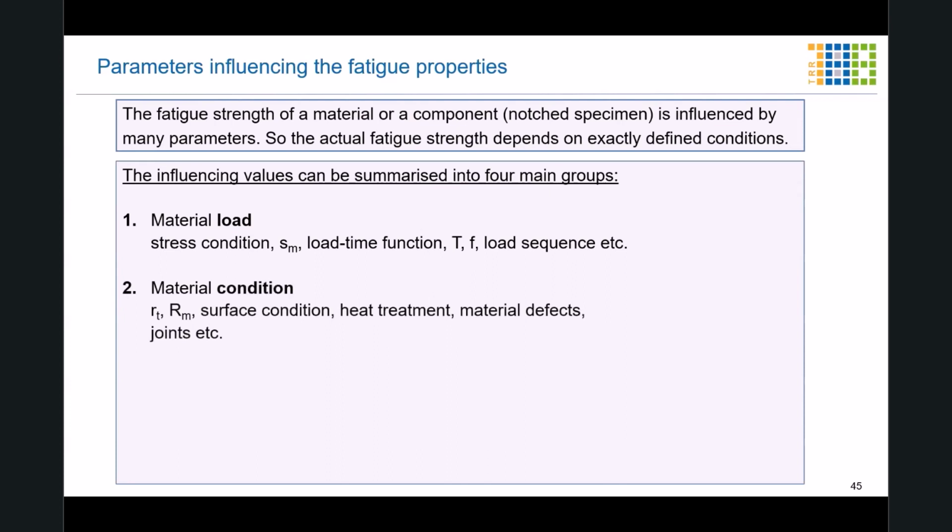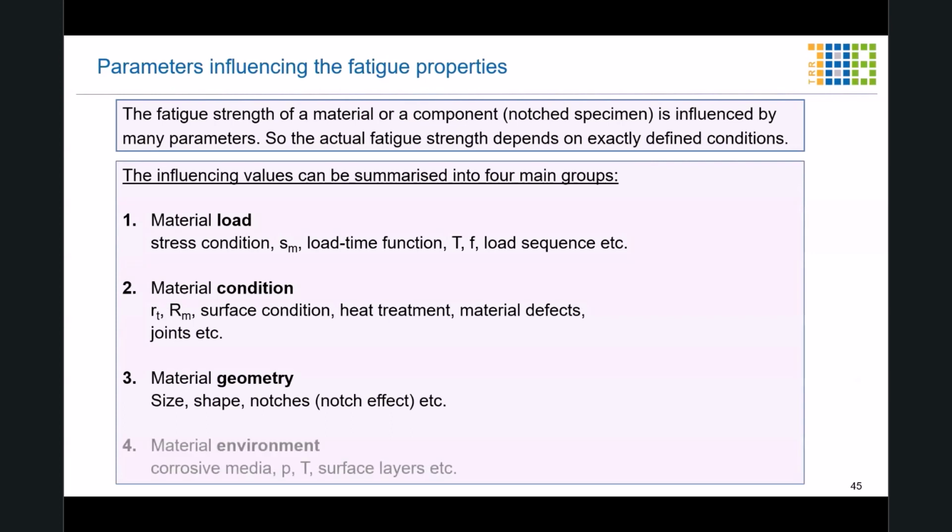And then there's the material condition, like what is the yield stress, and what is the surface, heat treatment, material defects, etc. Then there's the material geometry, size, shape, and notches, which have a high influence regarding the crack initiation and therefore the crack propagation and the damage mechanisms in general.